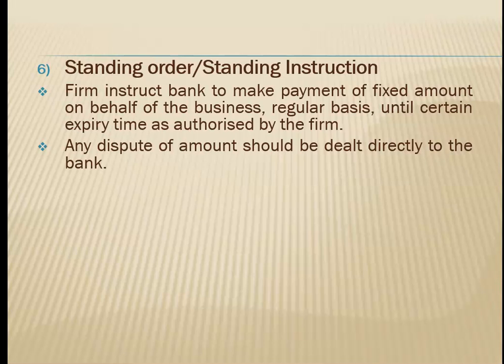Usually we are the one who will fill in the form of the standing instruction, instructing the bank what amount to pay to whom, on which particular date, and so on. Any dispute on the payment of a standing instruction must be dealt with the bank, because it's our relationship, our business with the bank. So any error should be dealt with directly by the bank.